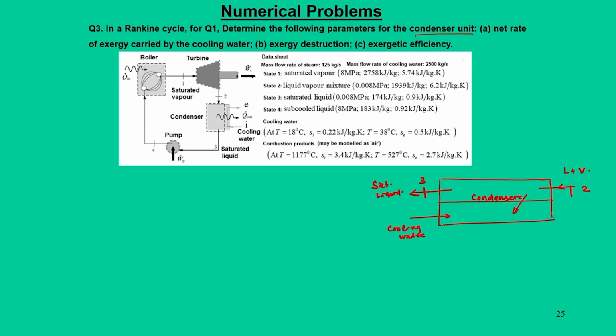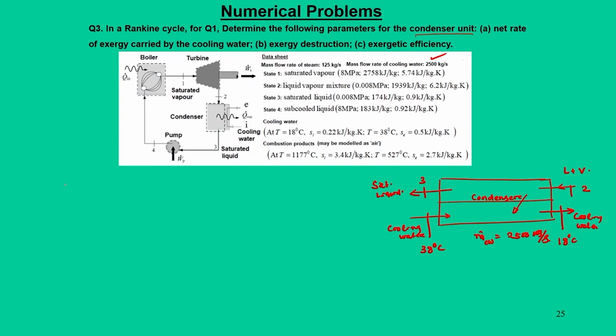The data sheet for this cooling water says that cooling water enters at 38 degree centigrade and leaves at 18 degree centigrade. The mass flow rate of this cooling water is given here as 2500 kg per second. This analysis will be modeled the same way you did it for the boiler.